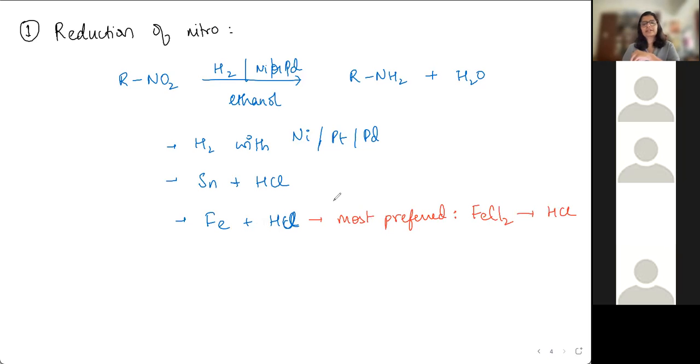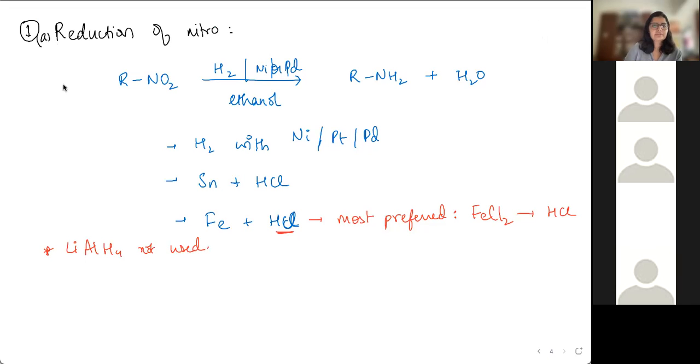So you can keep regenerating your HCl, like regenerating your raw material. So this is the most preferred method. Only in the case of nitro compounds, this is the only reaction where LiAlH4 is not used. Okay, so that is nitro.